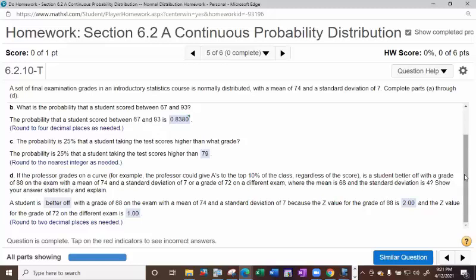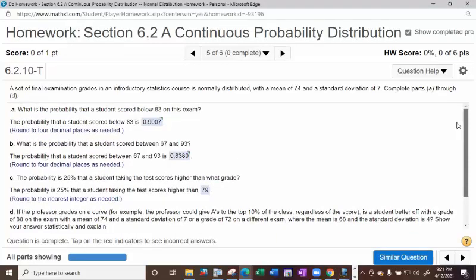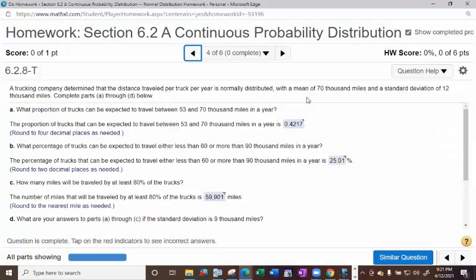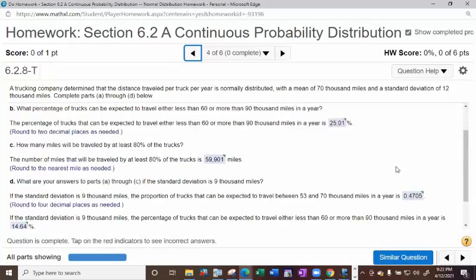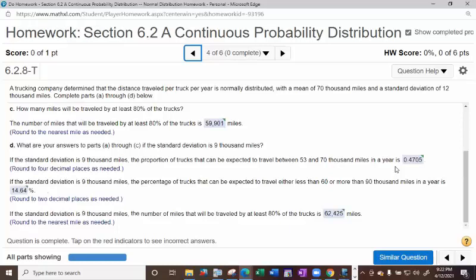But it was a problem that we did last week, actually, that can be done differently now. Maybe I should go back a couple of problems here. Dang, I don't know.